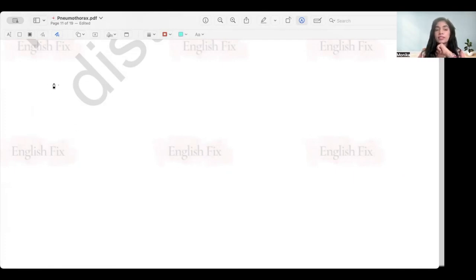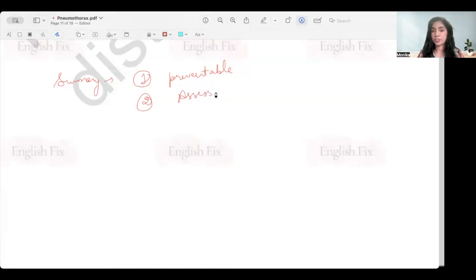Now, like I said, I should be able to provide a summary for what I have read here. The first thing I read was that they told me the serious pressure ulcer condition is completely preventable. The first thing they want me to do is assess the patient for risk factors.